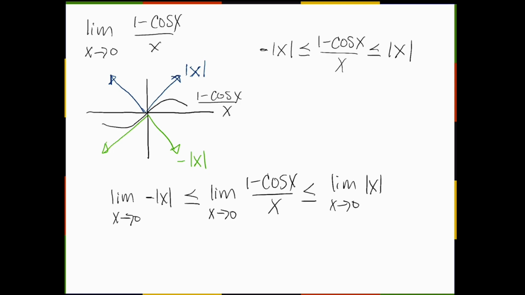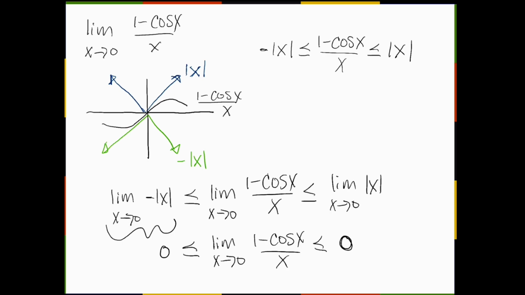Now, if I use direct substitution for those absolute value functions, I don't have any problems with that. I know that this limit, if I use direct substitution, is 0. I'm going to copy everything else down. And when I use direct substitution for the absolute value of x, I get the limit is 0 as well.